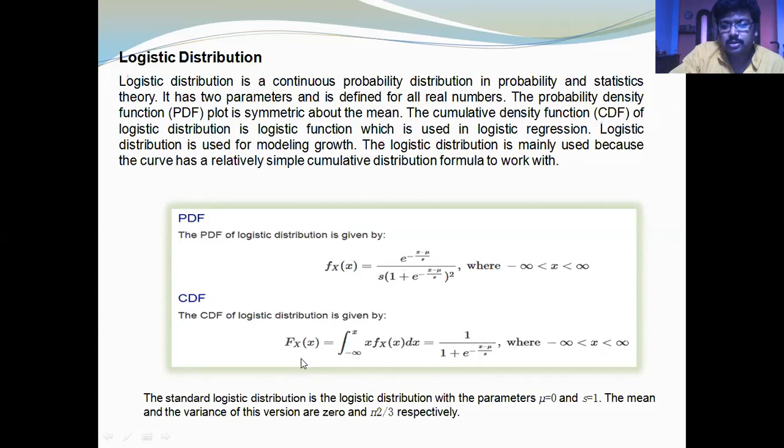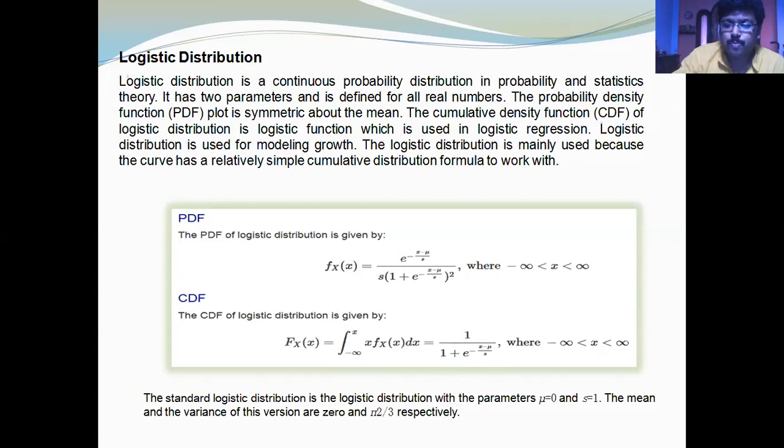It is 1 divided by 1 plus e to the power minus (x minus location parameter) divided by the scale parameter. The standard logistic distribution is the logistic distribution with the parameter mu equal to 0 and s equal to 1.